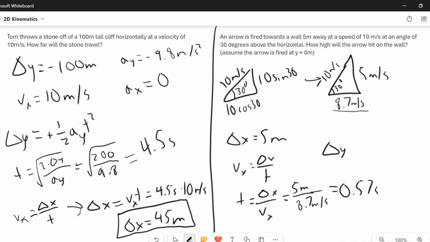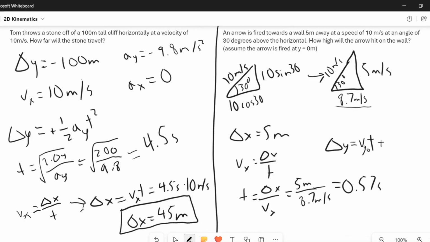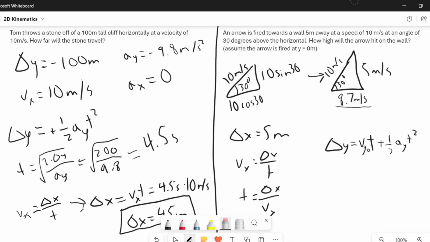Delta y equals Vy naught times time plus half ay times t squared. The time is 0.57 seconds, so we can plug in the numbers.